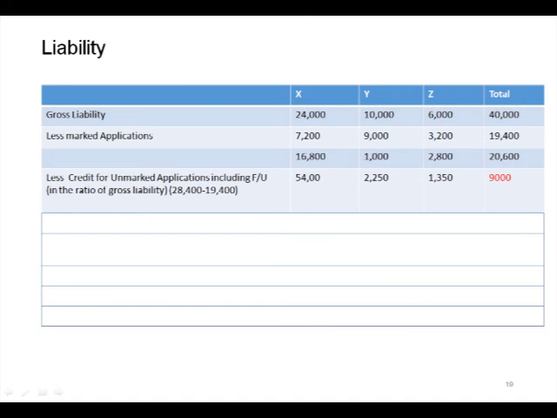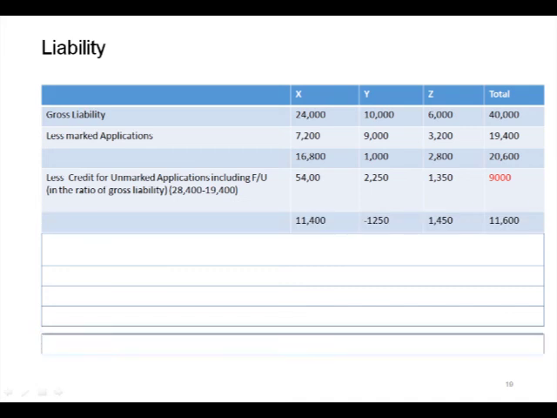We have received only 28,400, and the marked applications were 19,400, so the remaining 9,000 we shall give them as credit, and we shall divide this number of unmarked applications among X, Y and Z. So this is 5,400 in case of X, 2,250 in case of Y, and in case of Z this is 1,350.